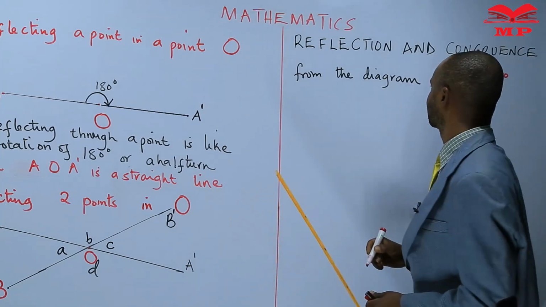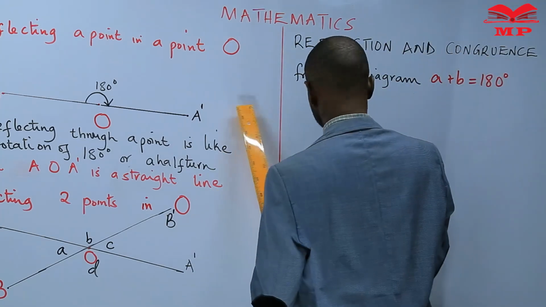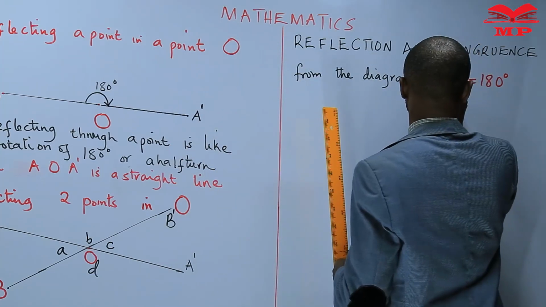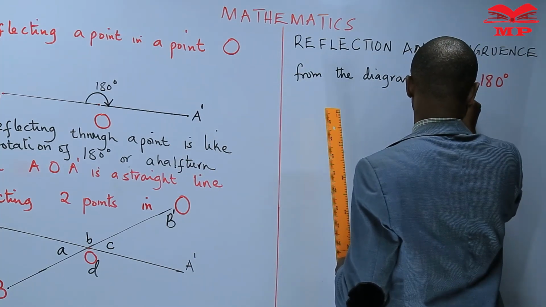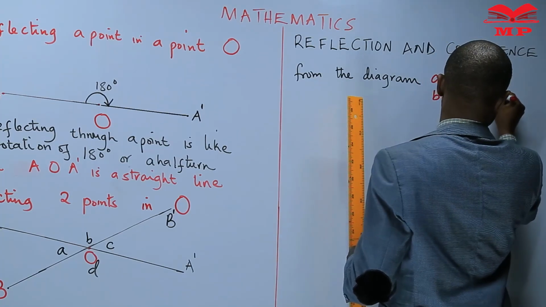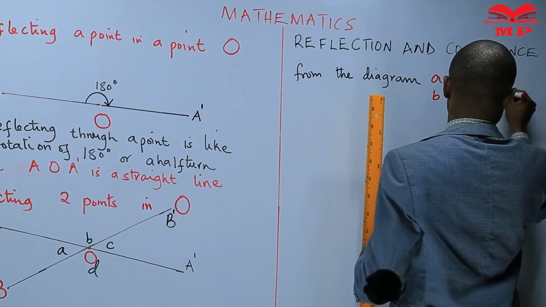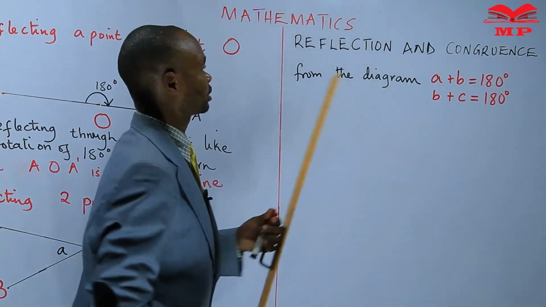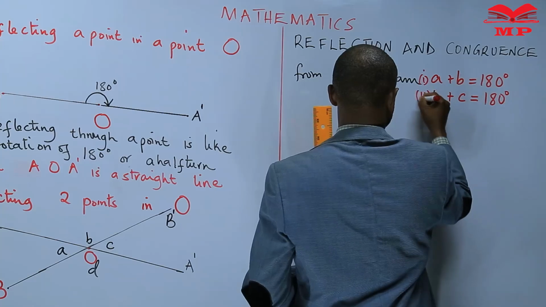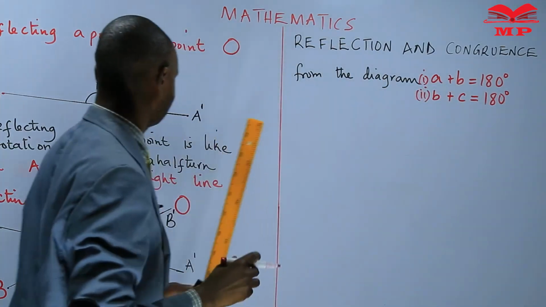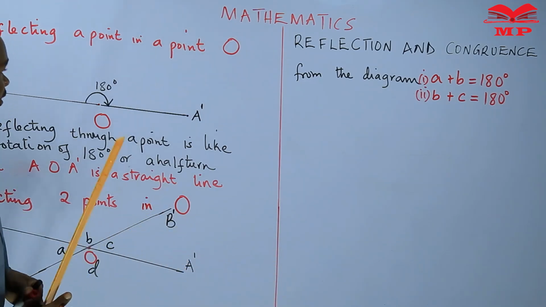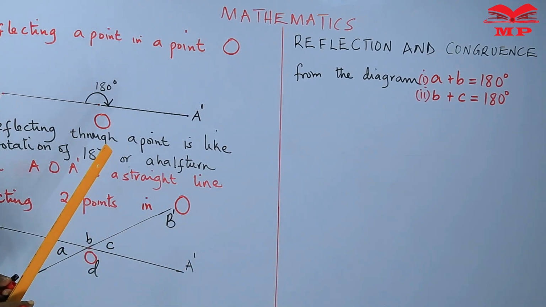Also, B plus C is equal to 180 degrees. Because they lie on a straight line, they should be equal.